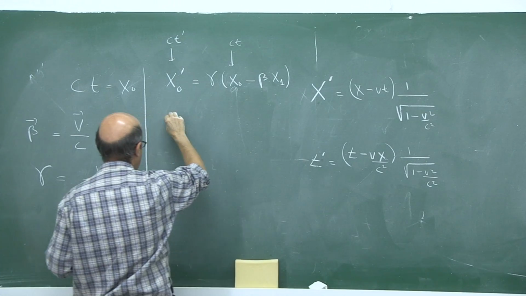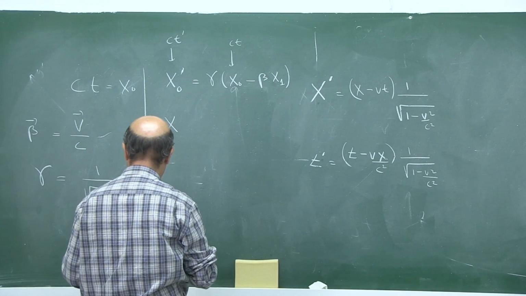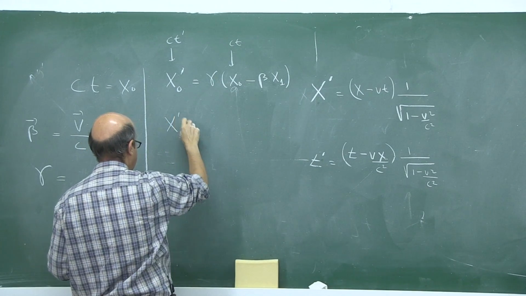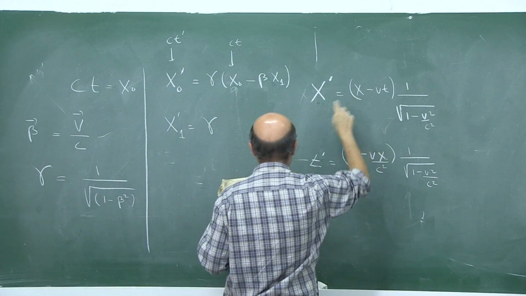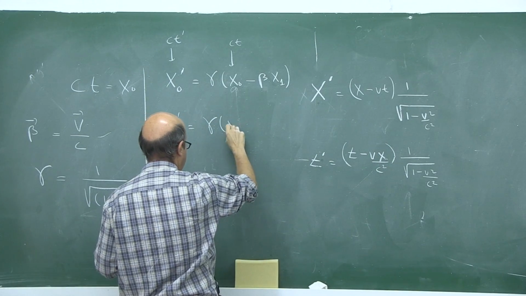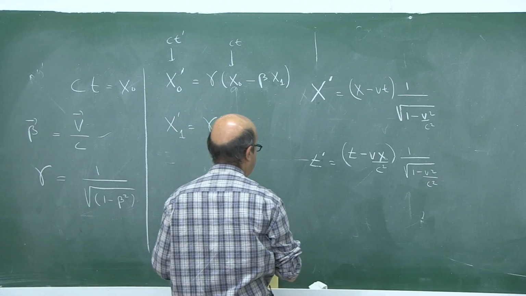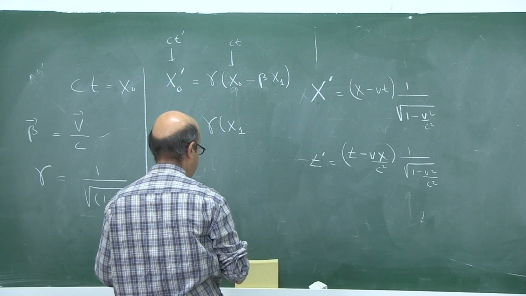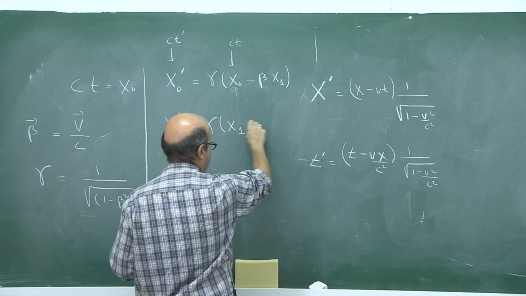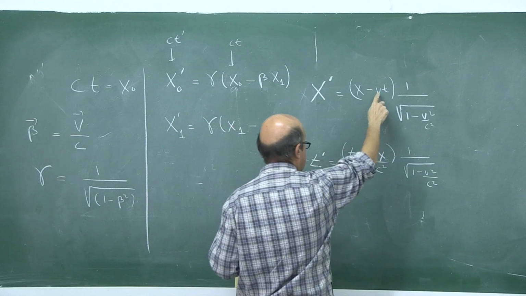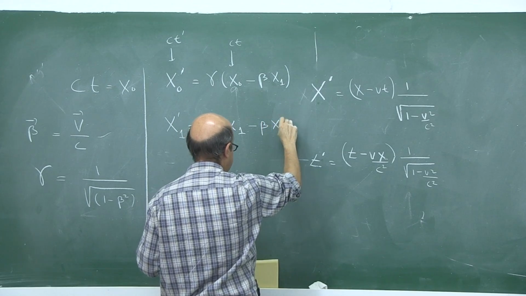So x1 prime is nothing but gamma, this factor, and x is x1, minus Vt multiplied by c divided by c, that is nothing but beta x0.